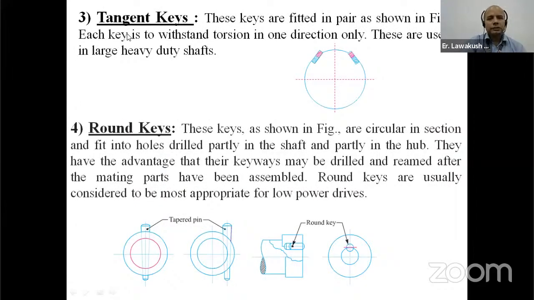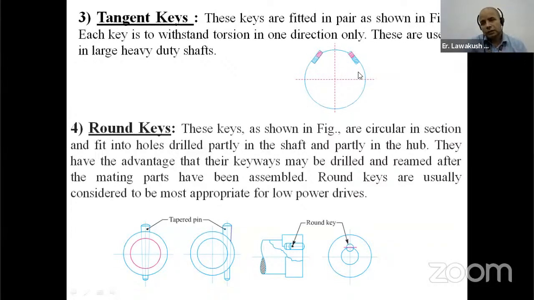Now the third one is the tangent keys. The tangent keys are fitted in pair as shown in the figure below. Each key is to withstand torsion in one direction only. These are used in large heavy duty shafts. See here, this is the arrangement of the tangent key.